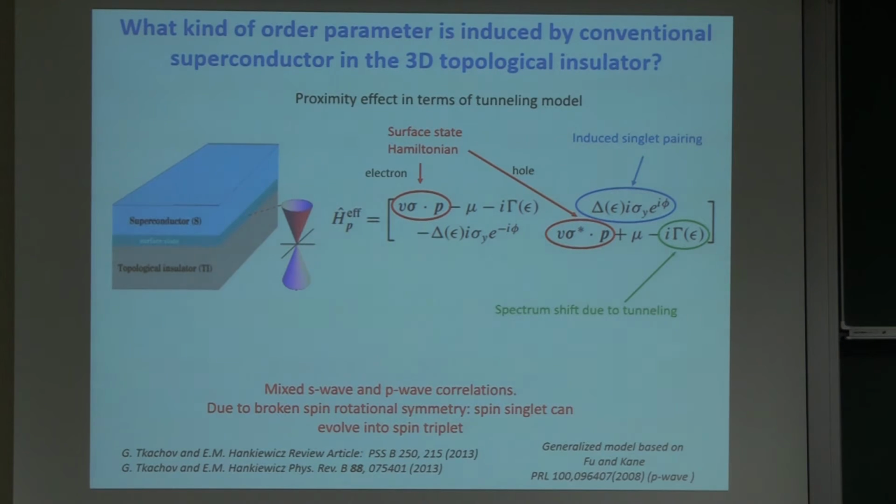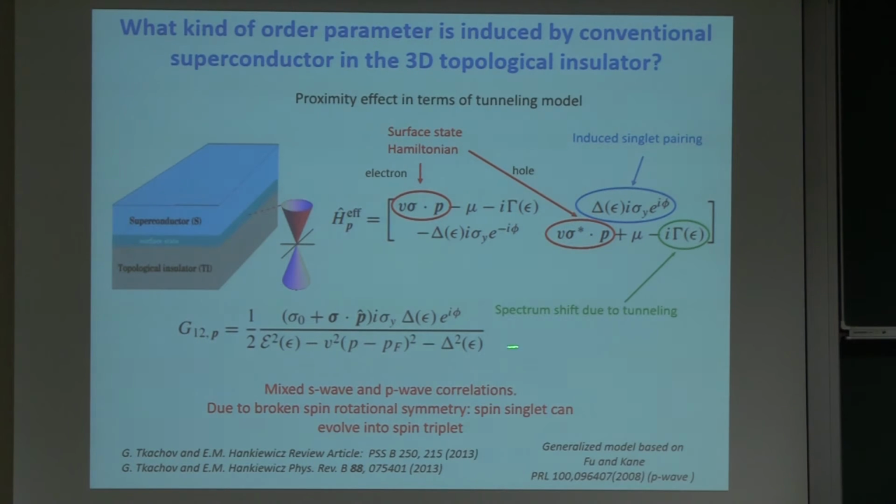However, what is interesting here is that, let's say I have Cooper pairs tunneling from the S-wave superconductor, and they are singlets. However, because of the breaking of the spin rotational symmetry in my surface states, I can change the singlet into the triplet. So if I look, for example, at the correlations induced in this surface state of my topological insulator, they will have two components.